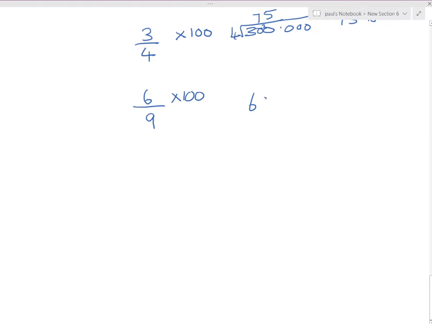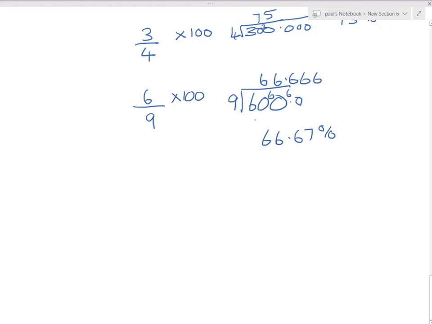So we've got 600 divided by 9. 9s into 6 don't go. 9s into 60 was 6, 9 6s are 54. And 6 over. 9s into 60, they'll go 6. And then 6 over. Oh, this is going to go on forever, isn't it? Yeah. So 66 point, we call it 67%.